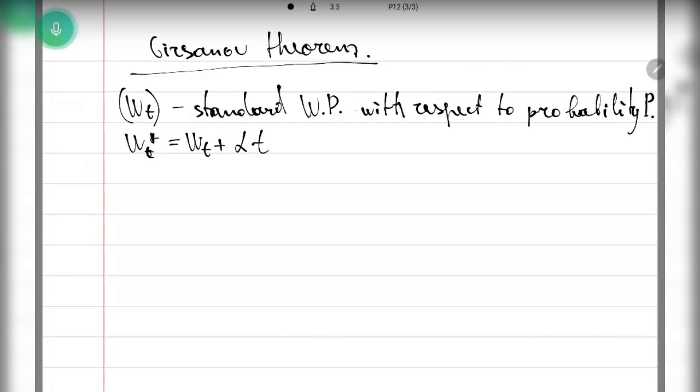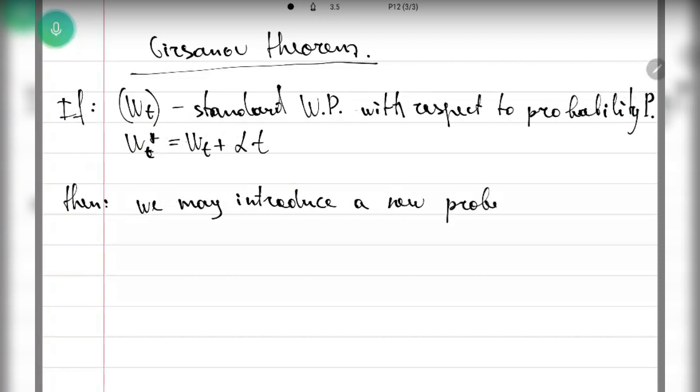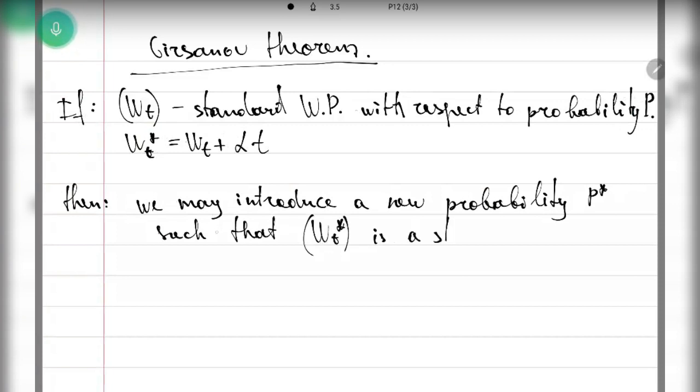And Girsanov theorem says that if we have a standard Wiener process and the modified process, then we may introduce a new probability P star such that WT star is a standard Wiener process with respect to P star.